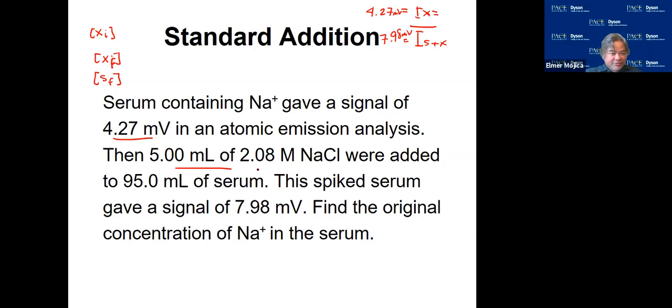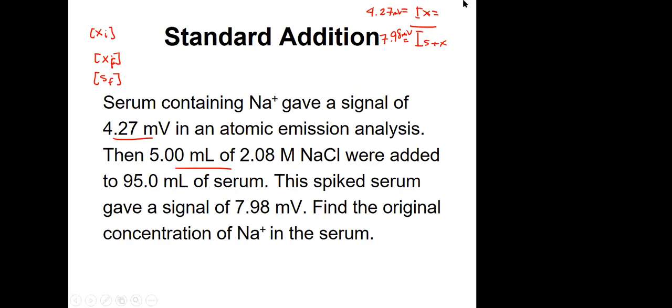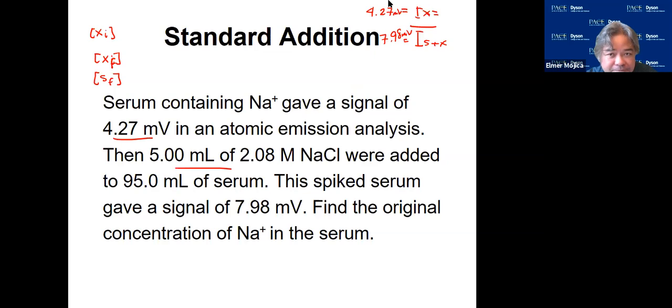Does it make sense that when you added the standards, the signal is higher? Yes, because you have more sodium ions. Now, we can put one side as 4.27 over 7.98. Now how are we going to put the other side?